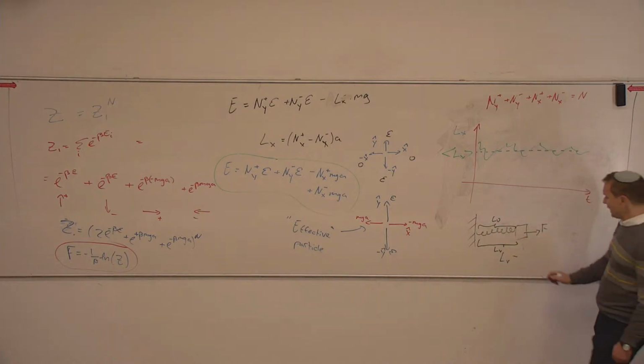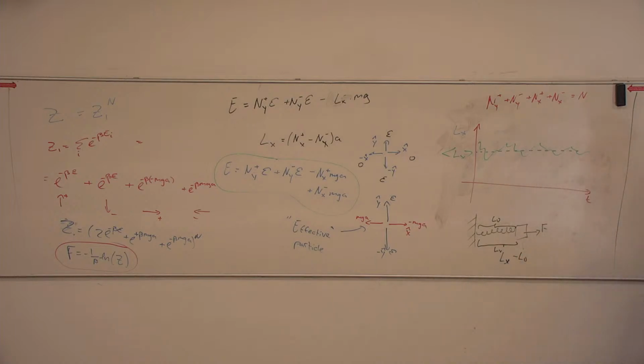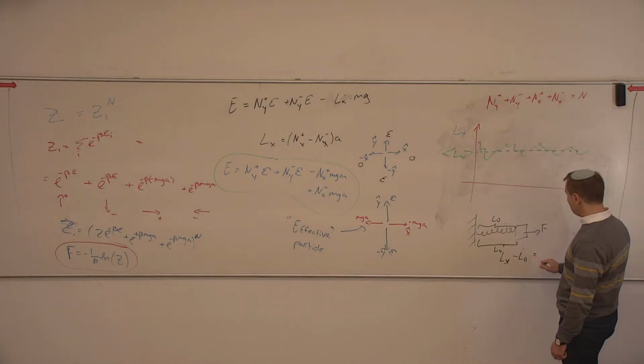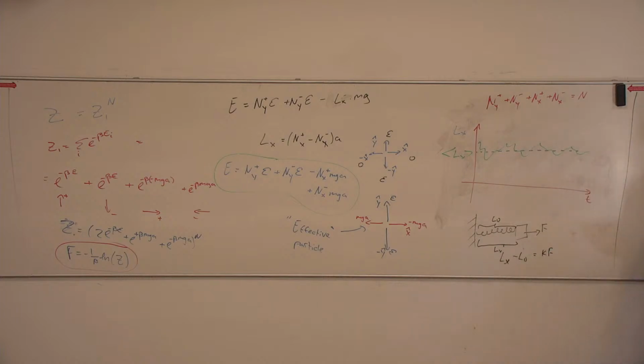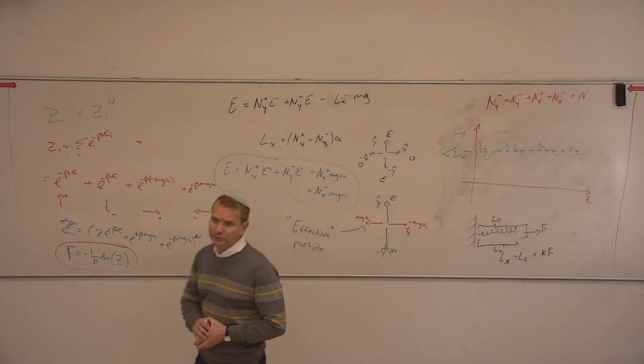So I know that Lx minus L0 would be equal to K multiplied by F, where K is a spring constant. 1 over K is the elastic modulus.